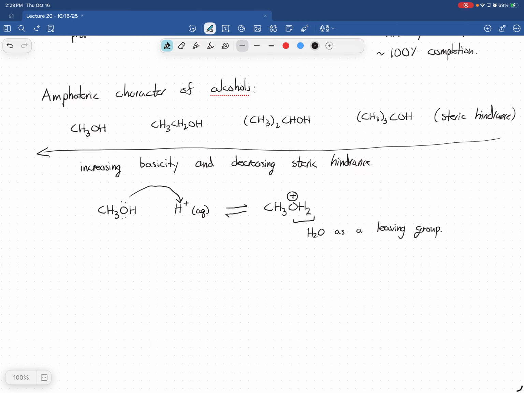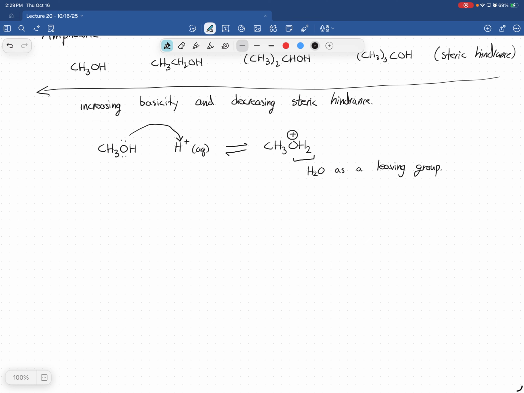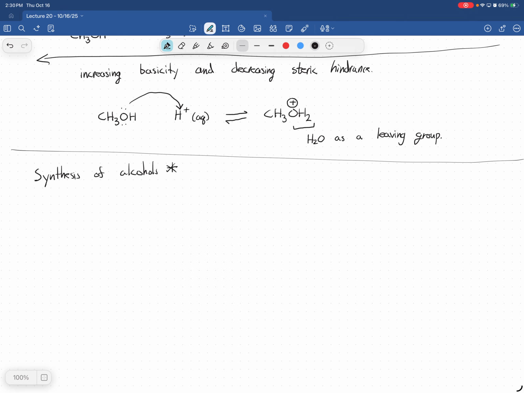All right, so now we talked about all the properties. We can finally talk about how we make these things. Let's talk about synthesis. This is an important part of this chapter. Put a star here. There's a few ways we can make alcohols.